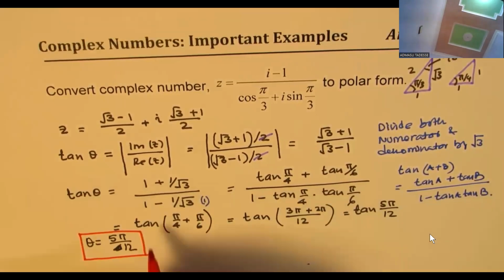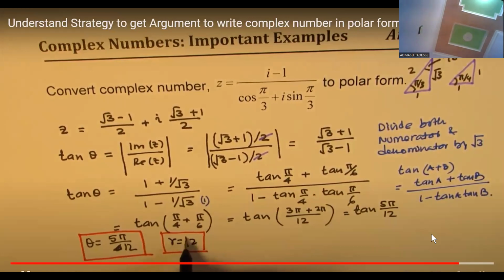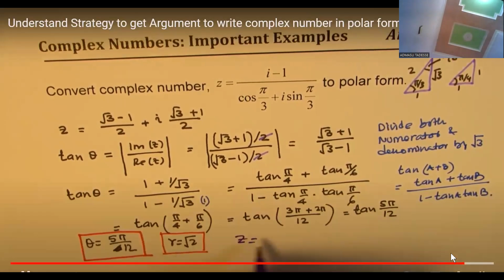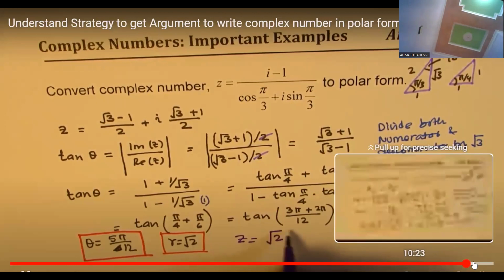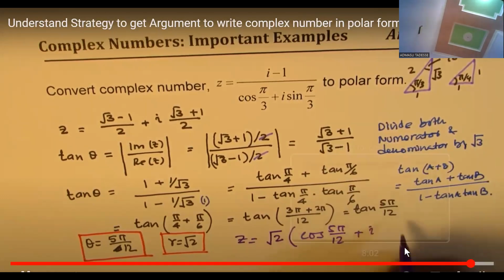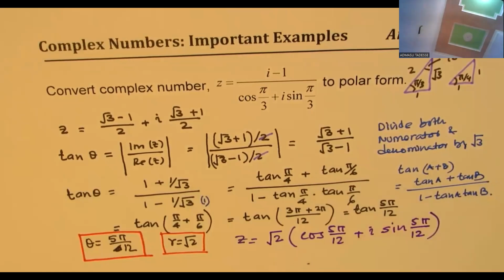Earlier we found that r was square root 2. Therefore now we can write that the complex number z can be written as square root 2 times (cos 5 pi by 12 plus i sin 5 pi by 12). So that becomes the polar form. Is that clear to you? That is how we can get our answer.